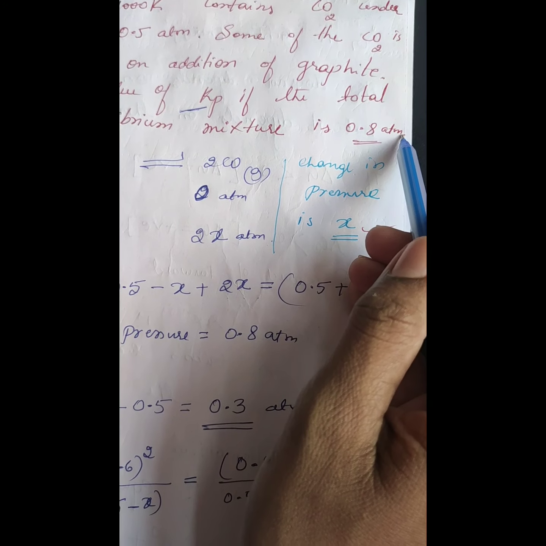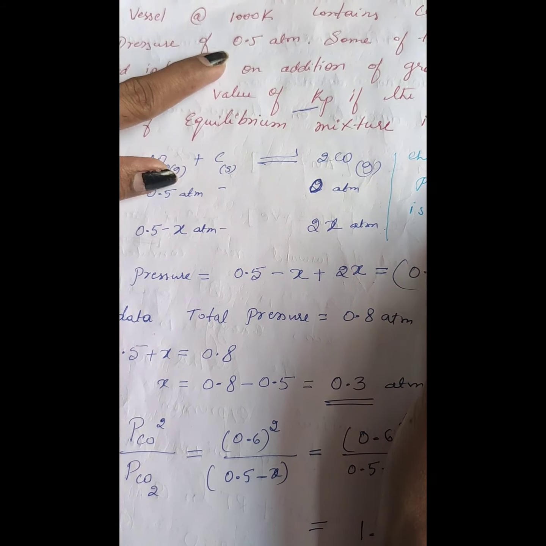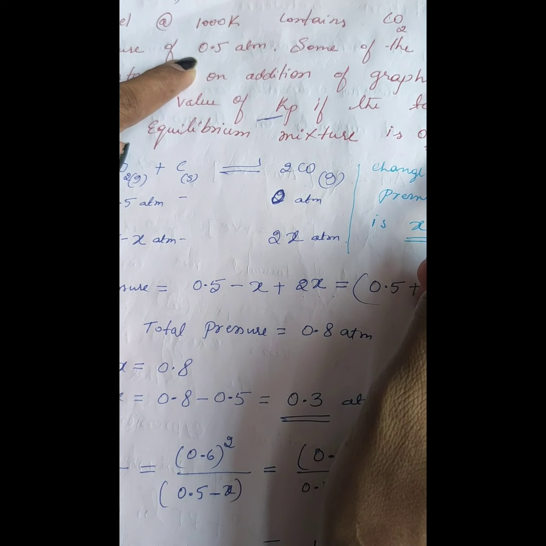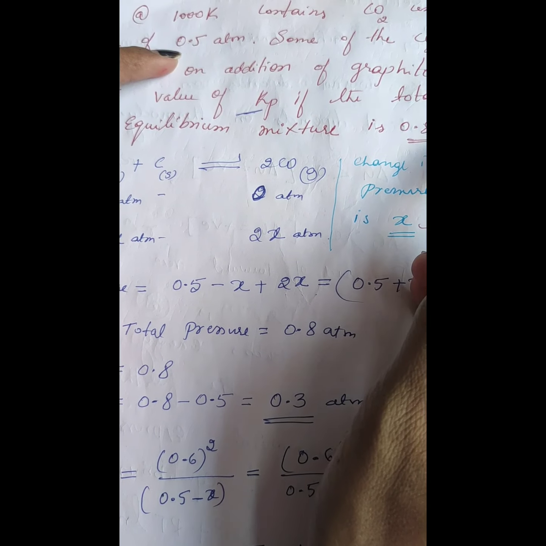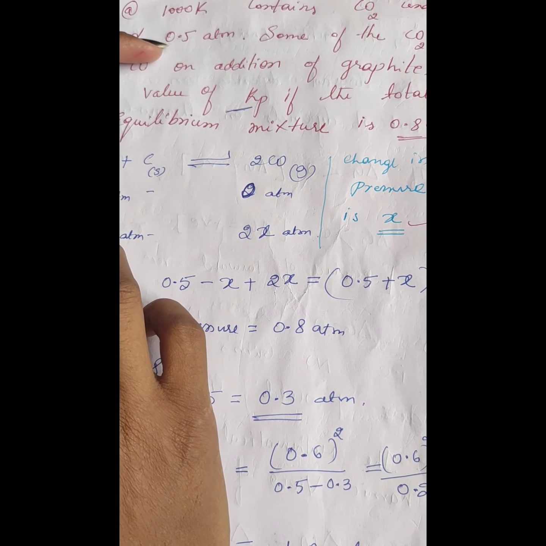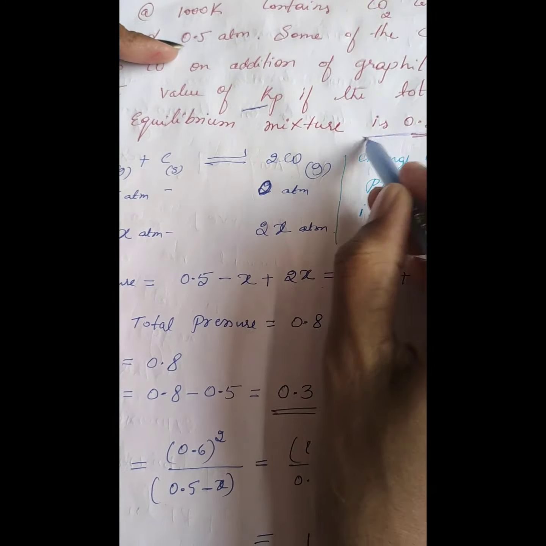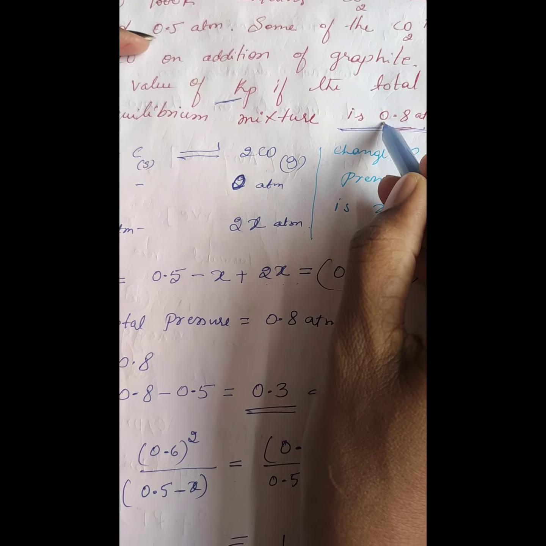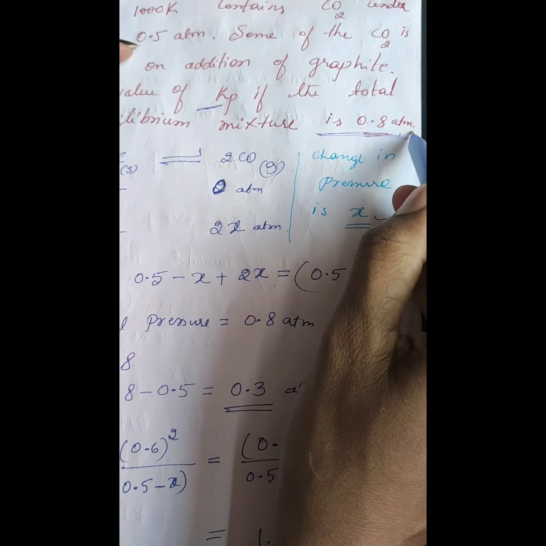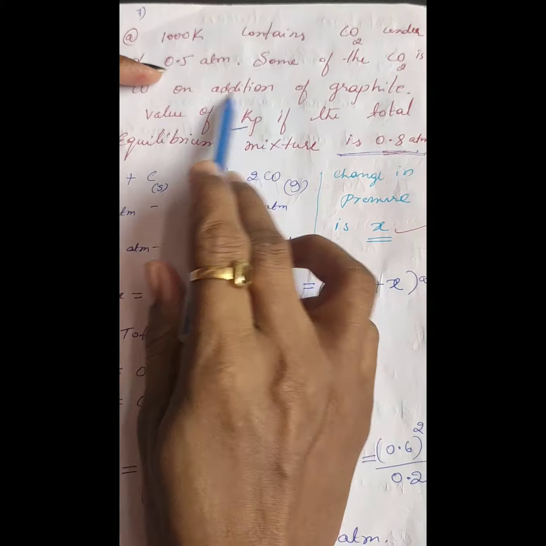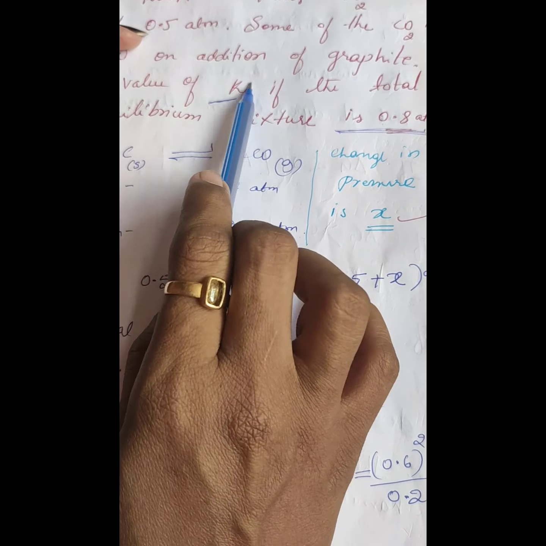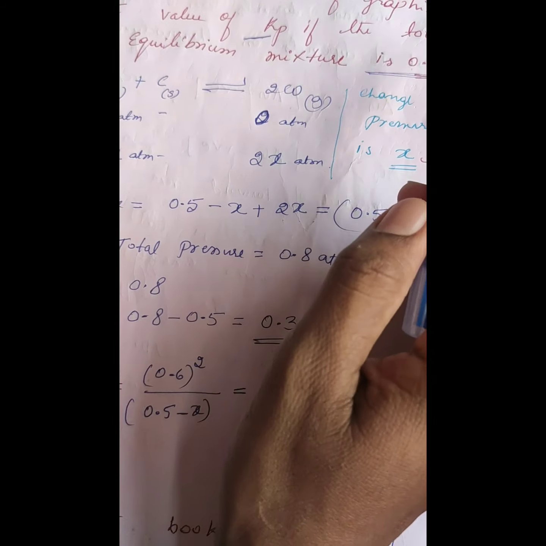The initial concentration in terms of pressure is given as 0.5 atmosphere. Similarly, the total pressure at equilibrium is also given, that is 0.8 atmosphere. And what are they expecting? Kp. Since it is a gaseous reaction, they are expecting Kp.